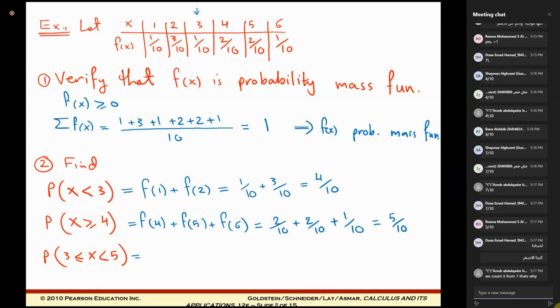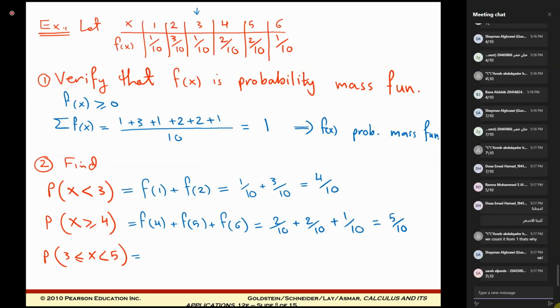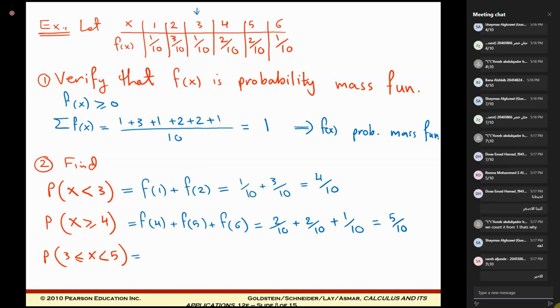We must pay attention to the greater than or less than sign. Who said we count 8 from 1? No, from 4 and above, because x is greater than or equal to 4: 4, 5 and 6. Okay.